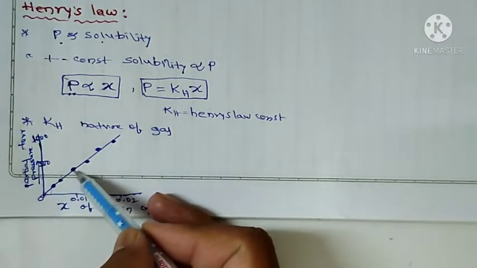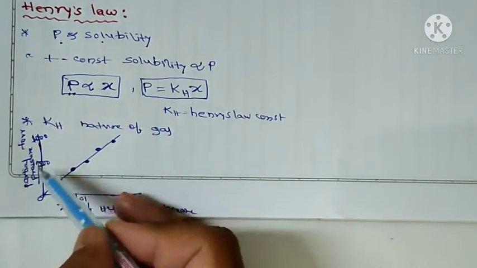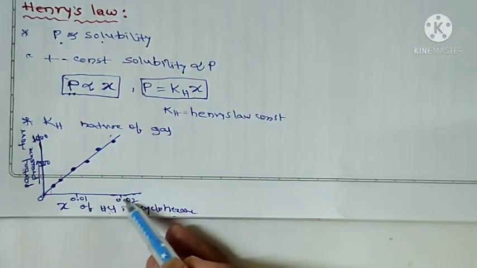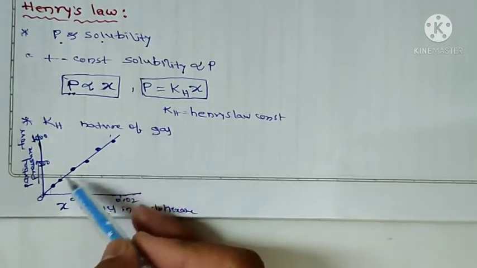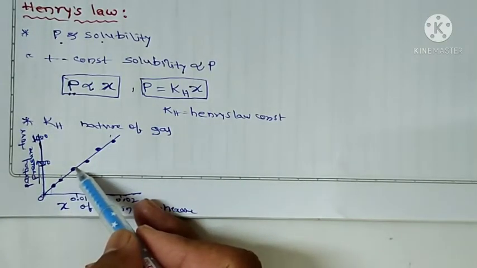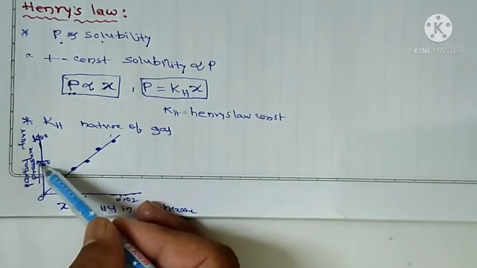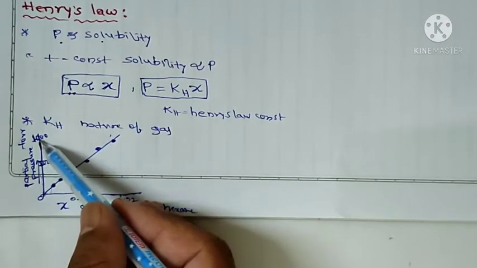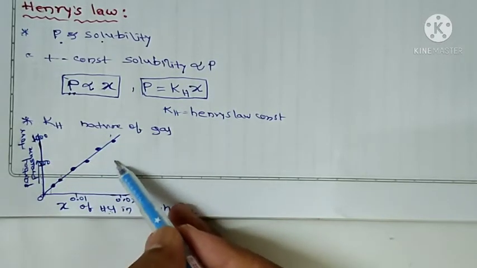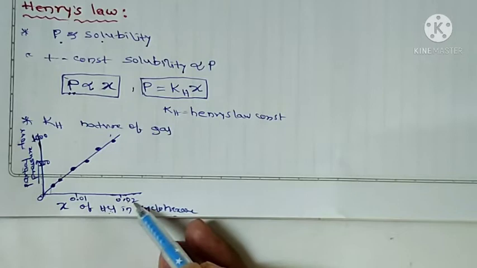With the increasing of partial pressure, the mole fraction will increase. If the mole fraction is 0.01, the pressure is only 500 torr. If you increase the pressure to 1000 torr, the mole fraction is 0.02.